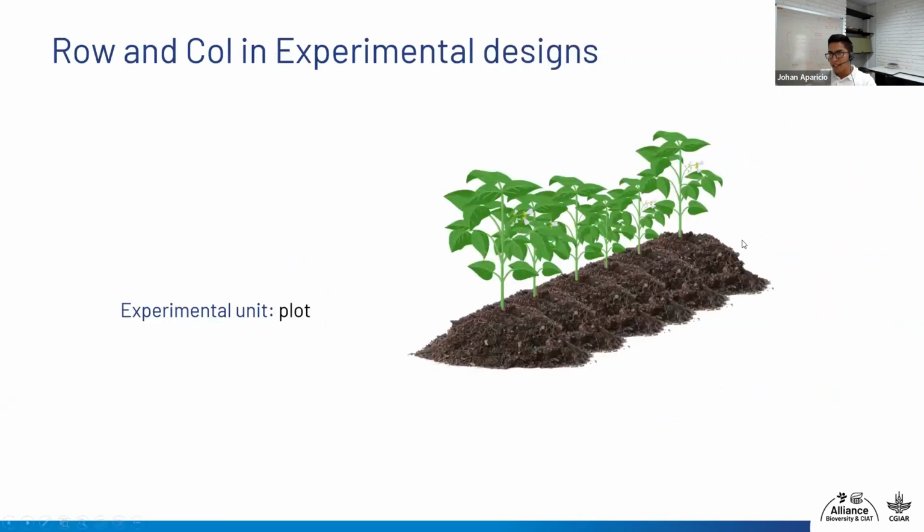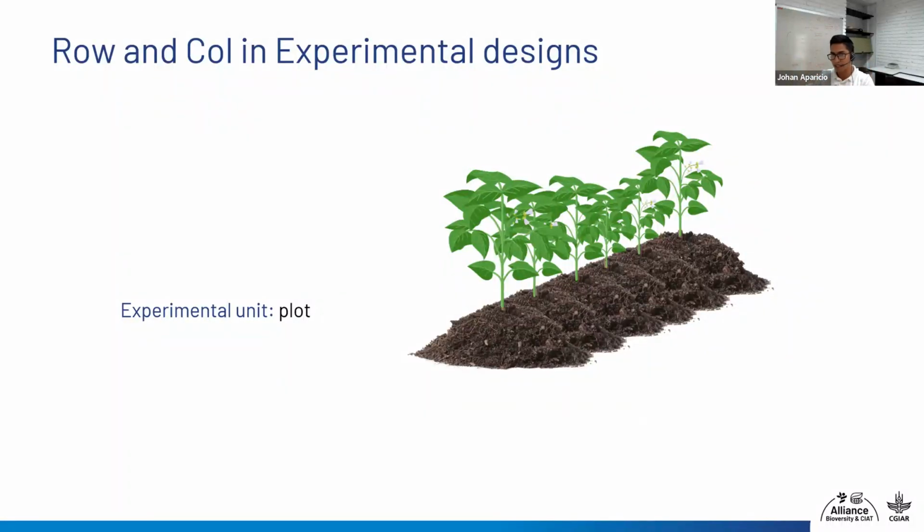I want to emphasize this row and column information in the experimental designs, because during the previous presentation we saw that we were able to plot the experimental design, but we didn't mention in much detail the row and column information.